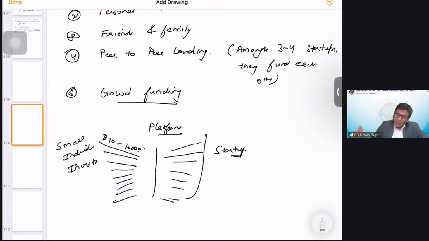So this is called crowdfunding because you are funding from the crowd at large, investing smaller amounts into the startup, right? And then once the tenure of the borrowing is over, the proceeds will go back from the startup to the individual investors themselves.